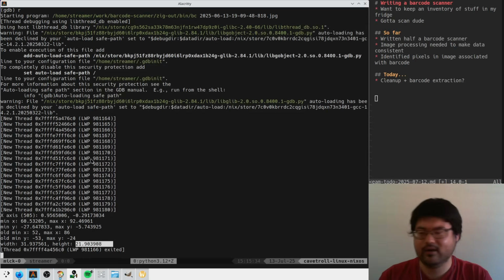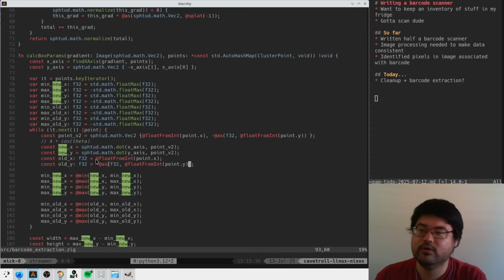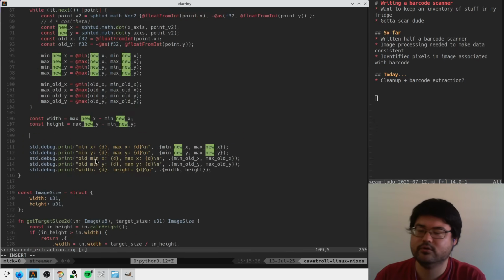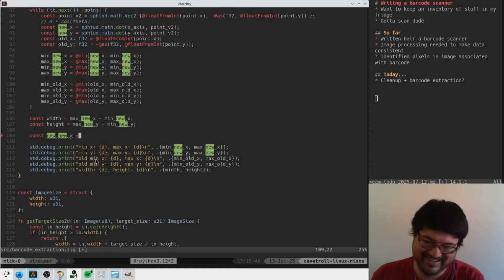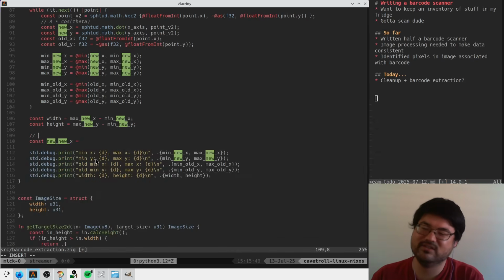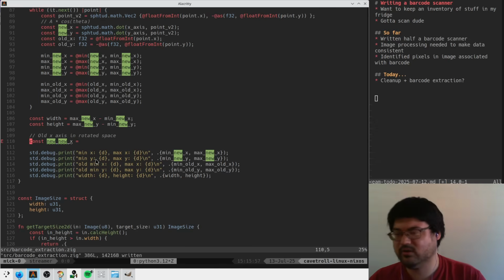And that's how we go back. So the old x-axis in rotated space. That's what we're looking for, right?